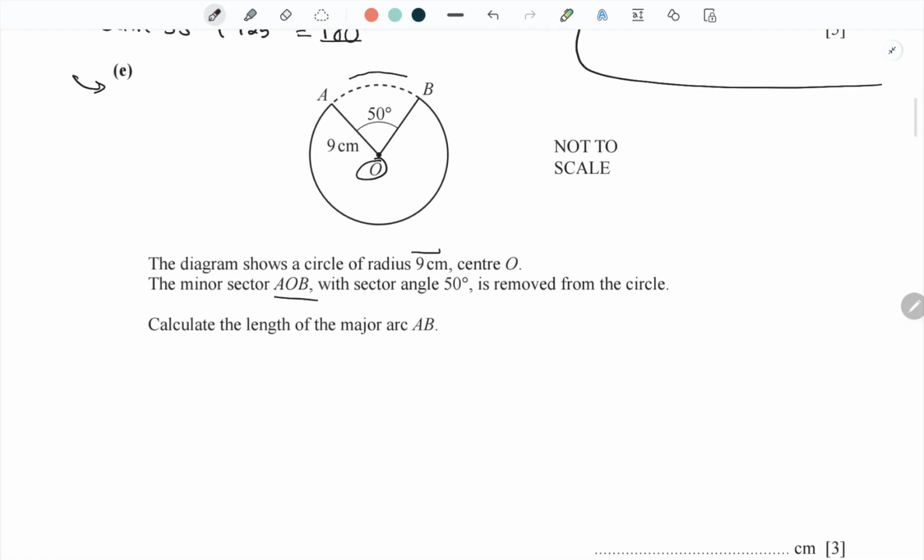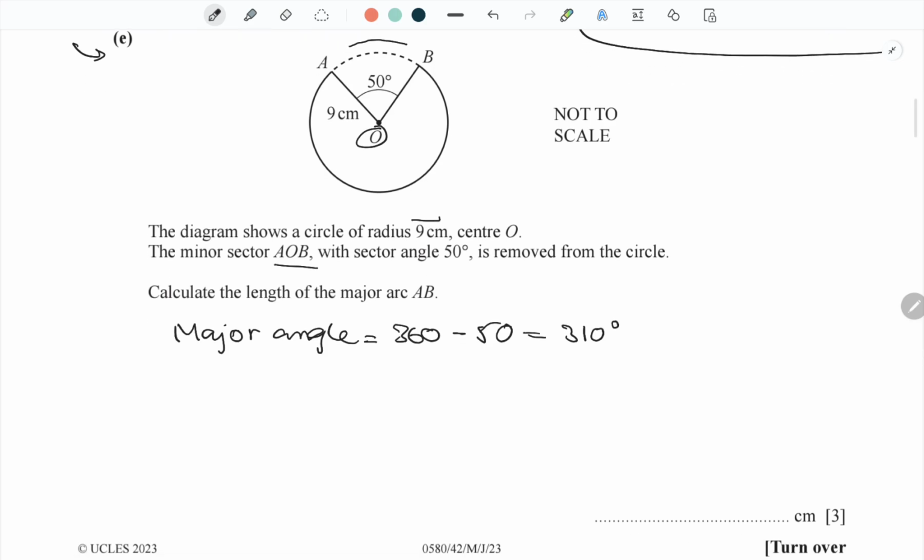So first we calculate the major angle, right? Since it is a circle, 360, and then the given angle is 50, so we just subtract this one, we get 310 degrees, right?